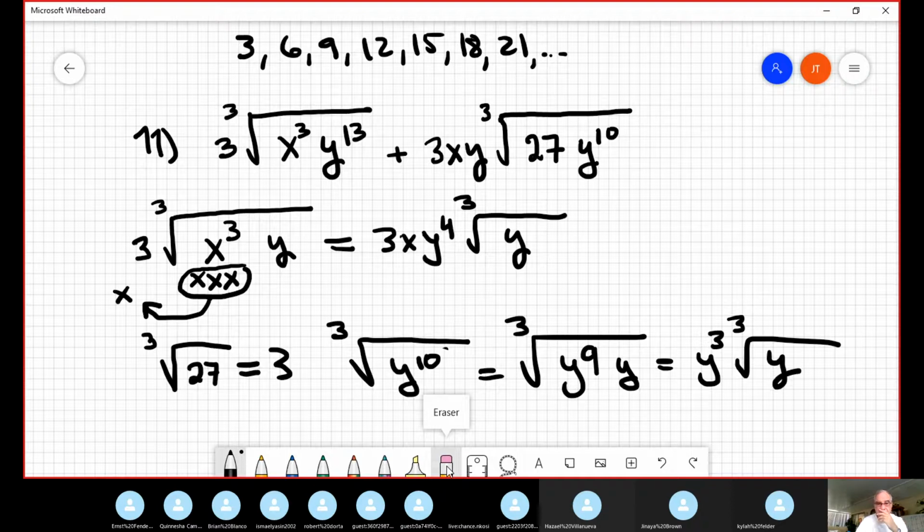Entonces, in the second radical, we have plus the coefficient 3, don't forget that 3. And remember, cubic root of 27 is 3, another 3. And 3 times 3 together, multiplication because it's a factor, is 9.